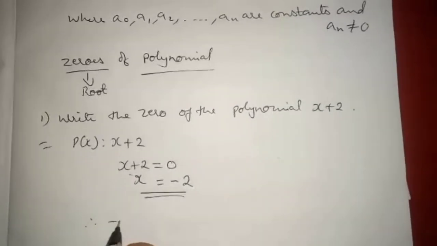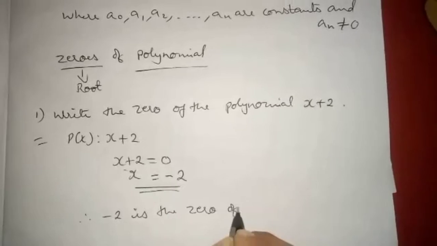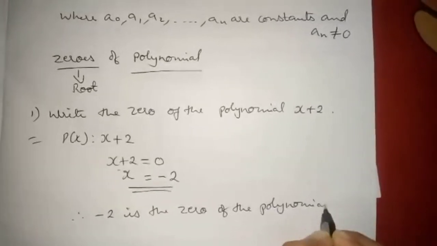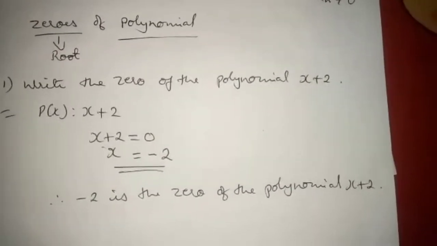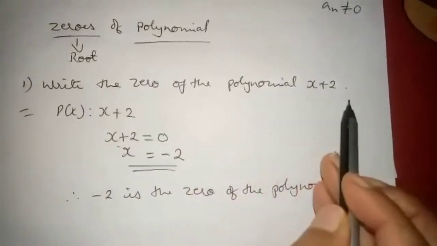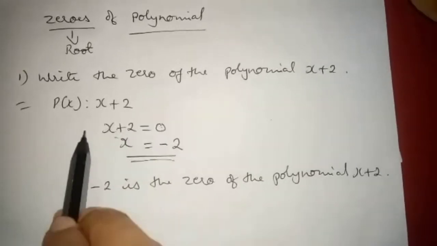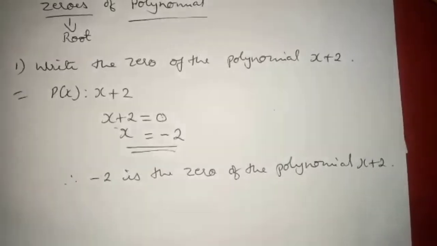Therefore minus 2 is the zero of the polynomial x plus 2. So if they ask you to find the zero or root of a polynomial, you have to equate it to 0, then find the value of x. That becomes the zero of that polynomial.